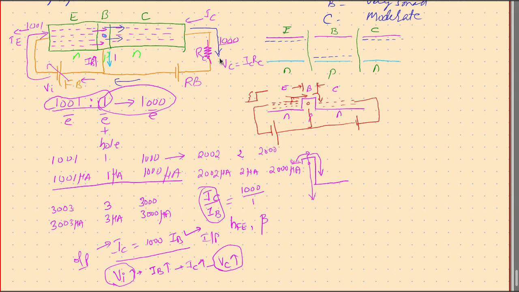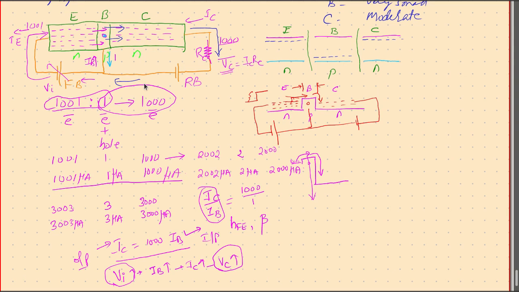The input voltage modifies the base current, the base current modifies the collector current, and the collector current modifies the voltage across this resistor. The voltage across this resistor is the collector current times the resistance, and if the resistance has a higher value, then this further amplifies the voltage here.